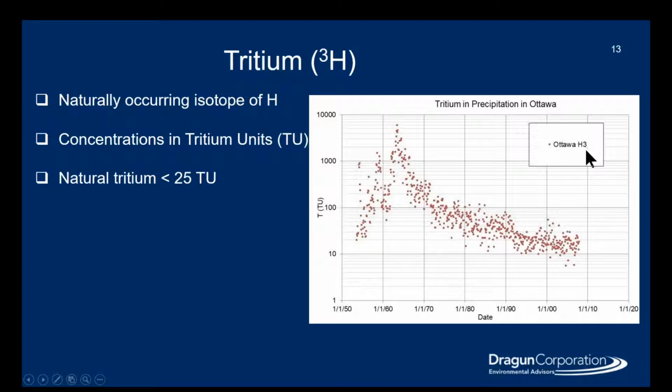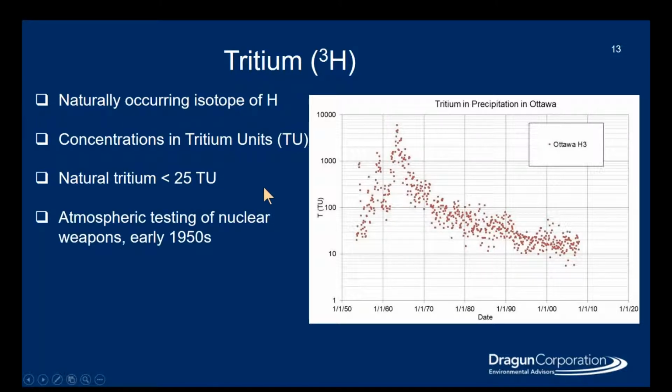The data are for Ottawa. There are other stations where this has been measured, but Ottawa has the longest record. So atmospheric testing of nuclear weapons in the 1950s created tritium, and tritium increased in concentration in precipitation from about 25 in some places to thousands of tritium units.